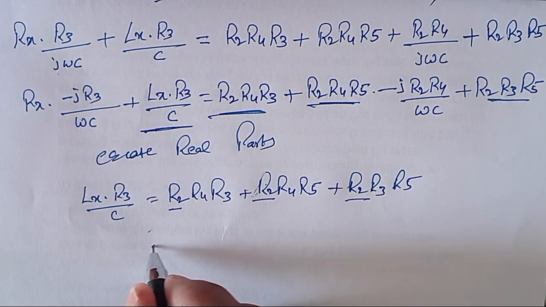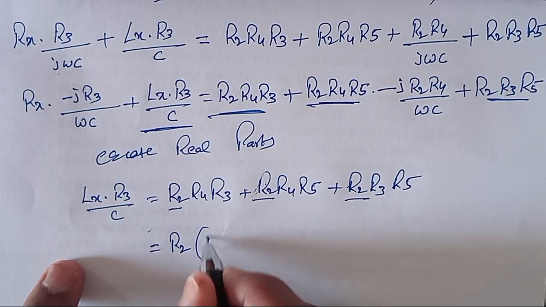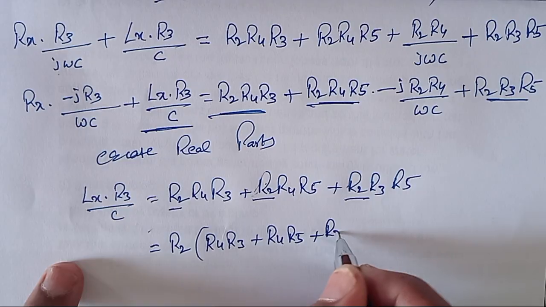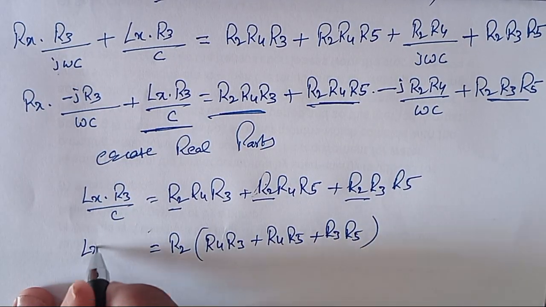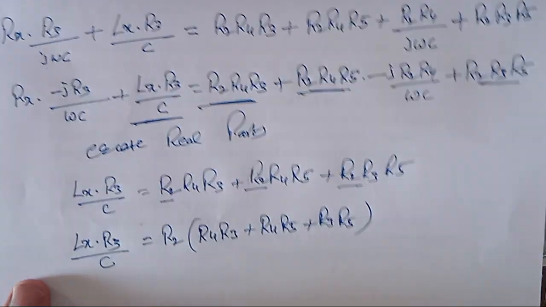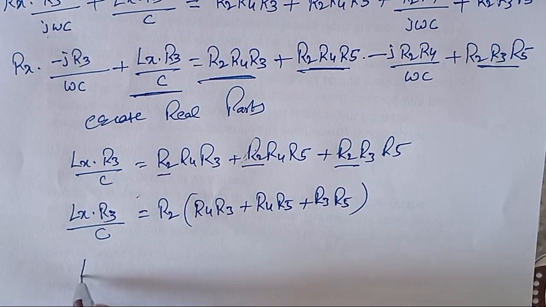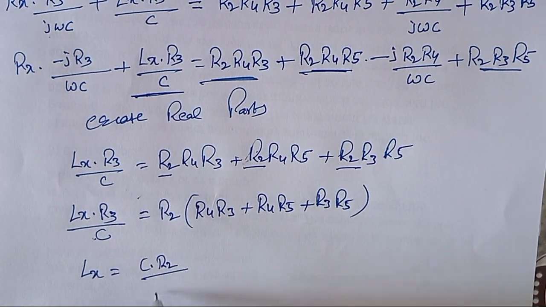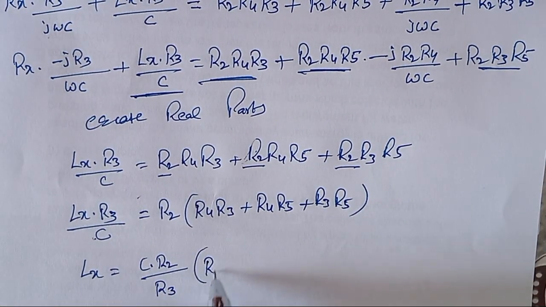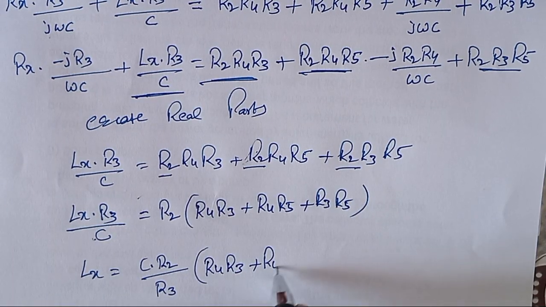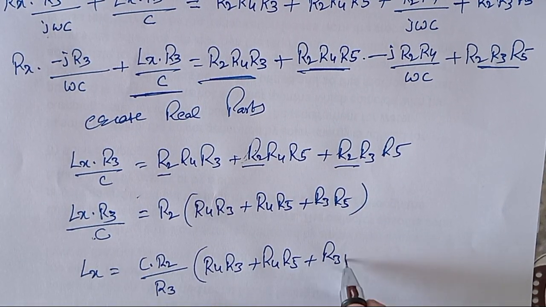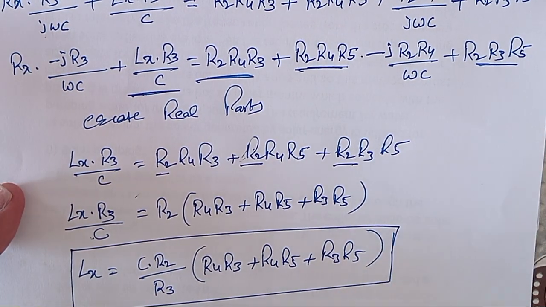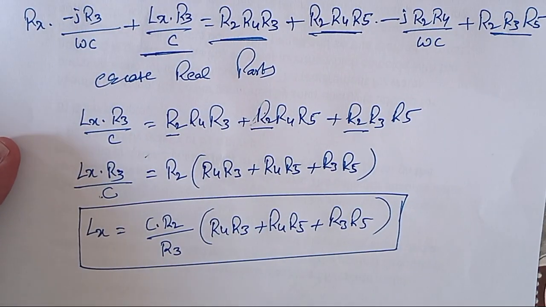Just take it out. That is R2 into R4 R3 plus R4 R5 plus R3 R5, equal to Lx into R3 by C. Finally, I'm getting Lx equal to, taking this term to this side, C into R2 by R3 into R4 R3 plus R4 R5 plus R3 R5. It is the unknown value of inductance.